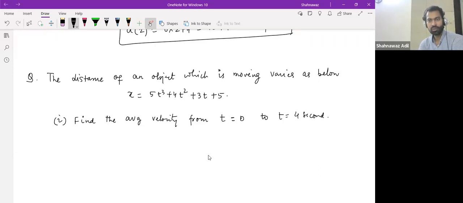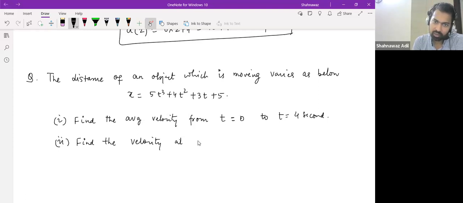So we have to find the average velocity, and then in the second question we have to find the velocity at t equal to 2.